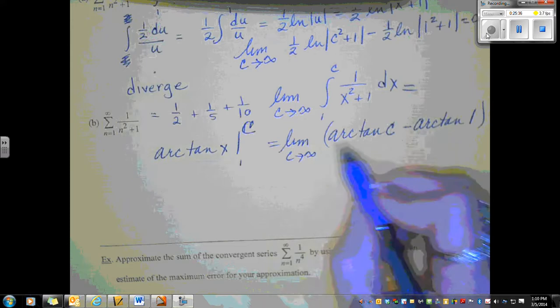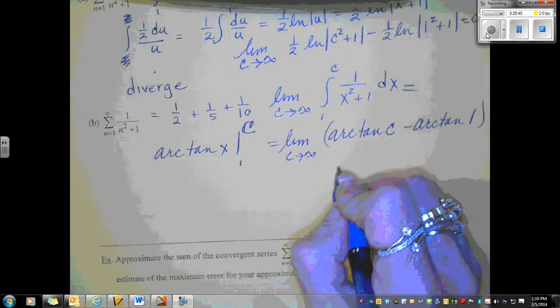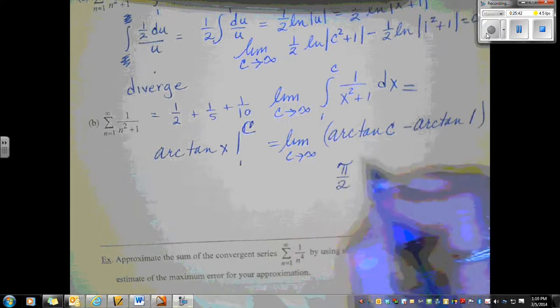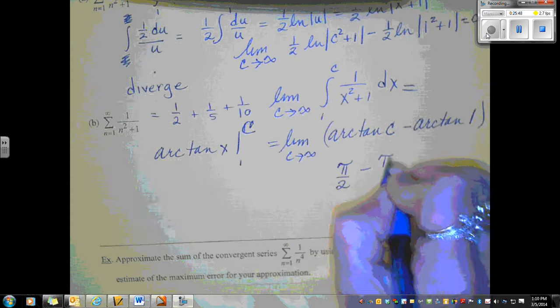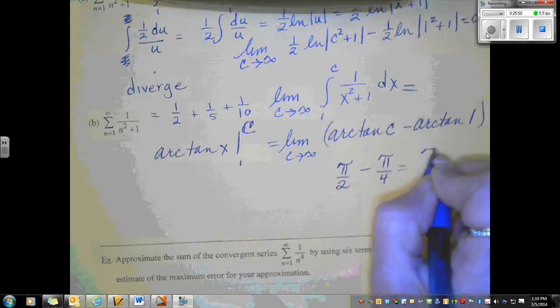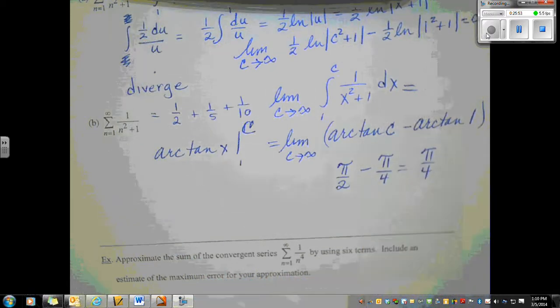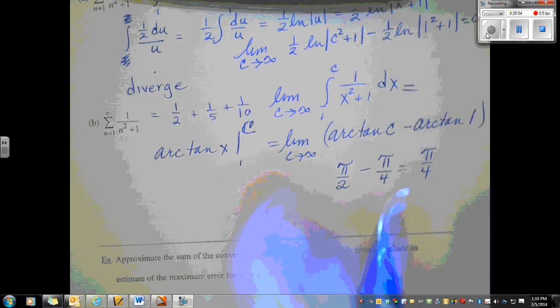What makes tangent go to infinity? Pi over 2. What makes tangent go to 1? Pi over 4. So, this goes to a specific number, pi over 4.